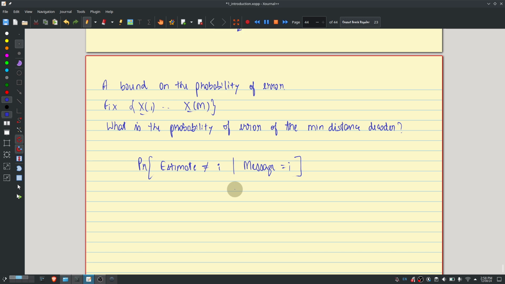What is the event that we're interested in understanding? So when do you decode to something other than I? Correct. So the received vector is closer to some other vector than the actual transmitted vector.